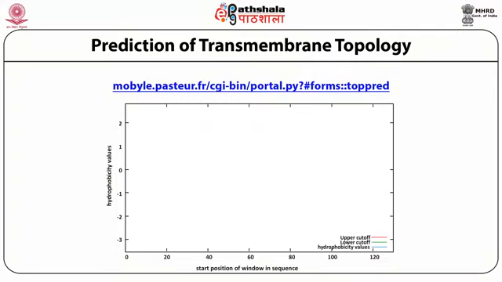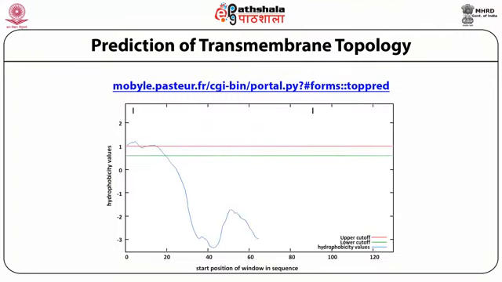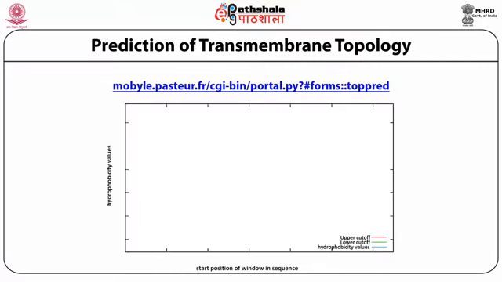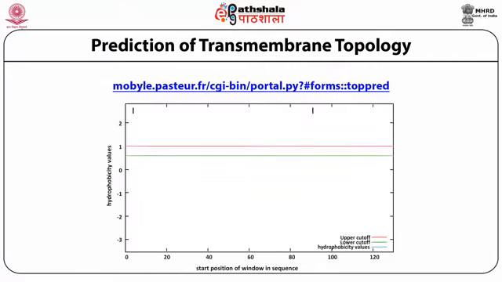TOPCONS, which is also used for prediction of membrane proteins, is based on hydrophobicity values for a given size of amino acids window. This prediction shows that glycophorin A is an integral membrane protein.